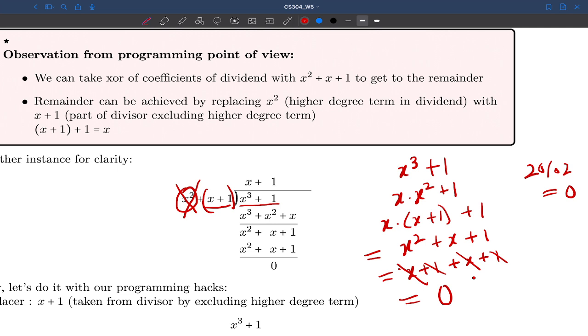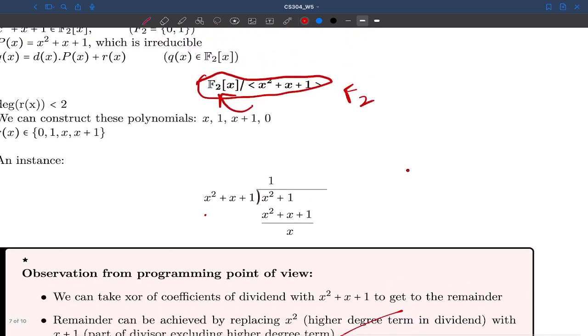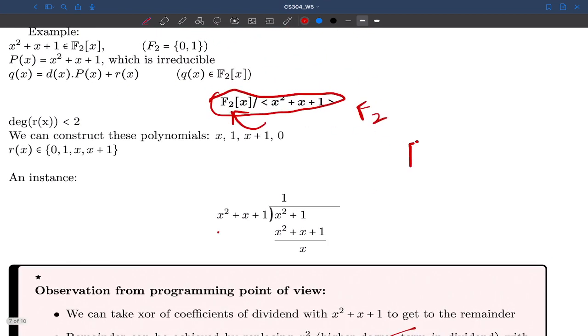So this way of finding the remainder is working. It is a really fast method of finding the remainder in our set of polynomials that are defined over field F2.